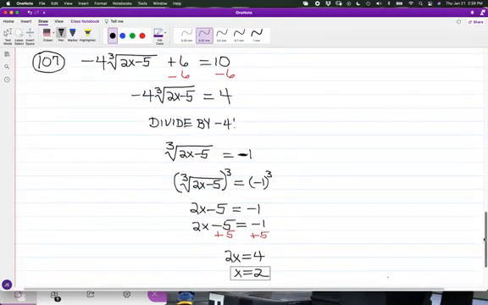Now for 108, I have another odd root expression, and this time we have the fifth root. We have -3 times the fifth root of 4x minus 1, followed by the addition of 2, is equal to 8.